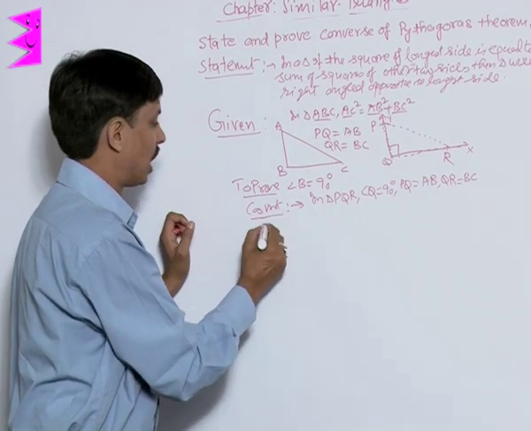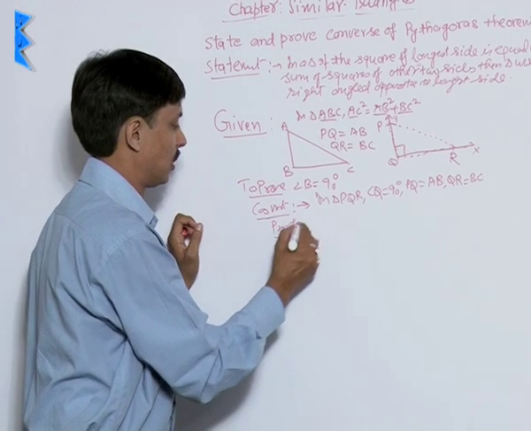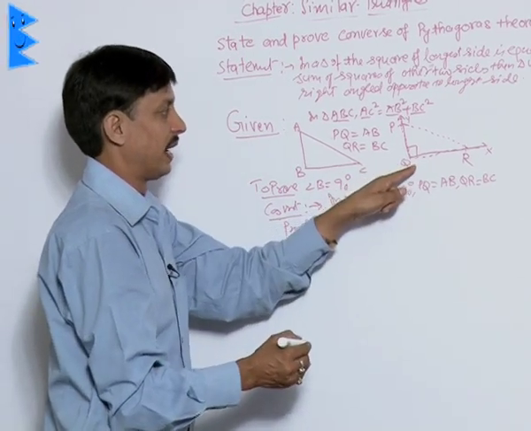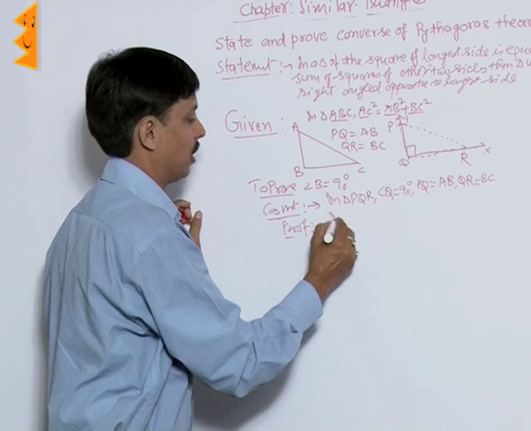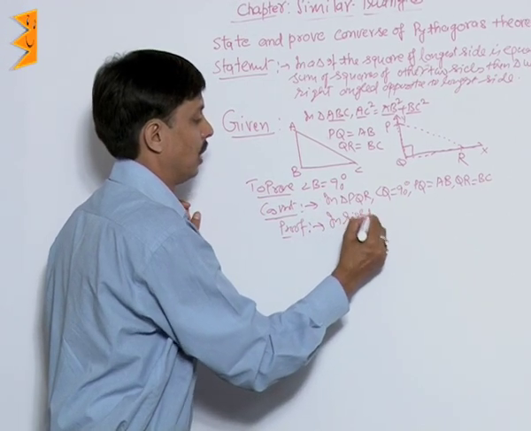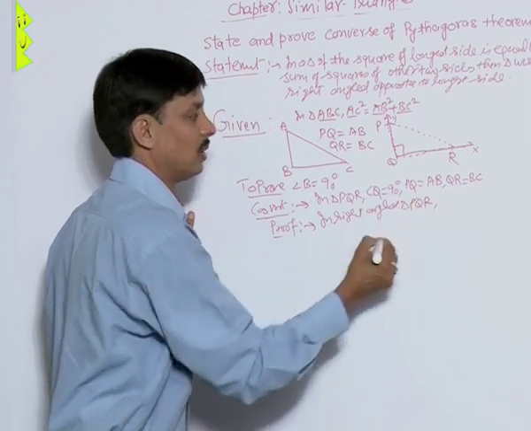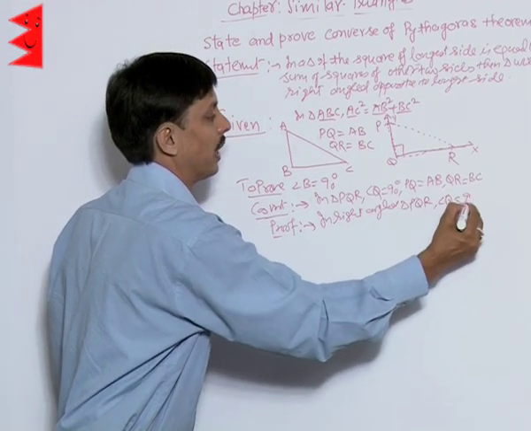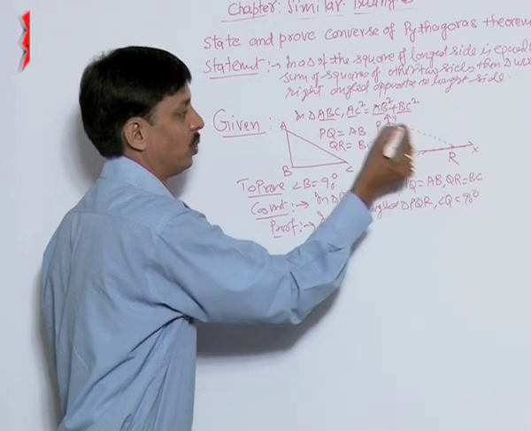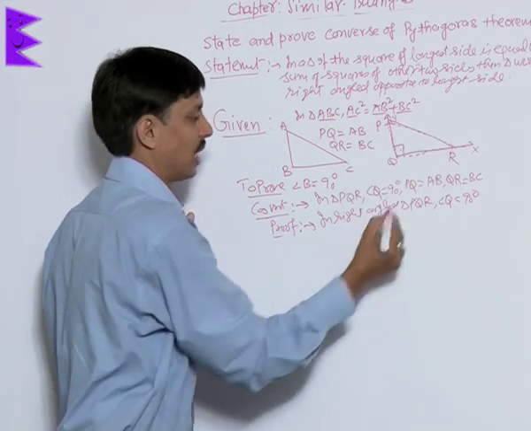Now the question comes, how will we show this theorem, that is, the proof. As this is a right angled triangle PQR, in right angled triangle PQR, angle Q is 90 degrees, so the side opposite to Q, that is PR, is the hypotenuse.